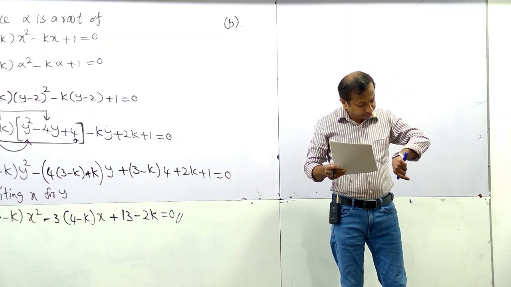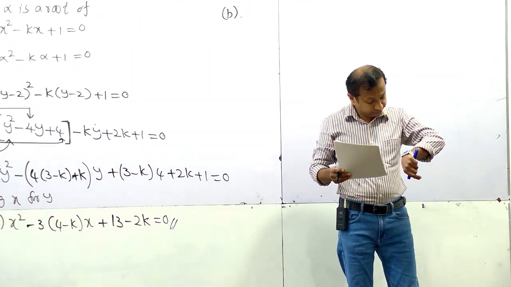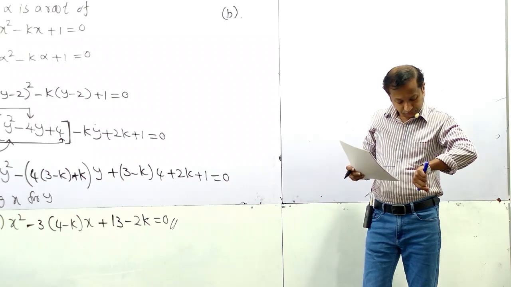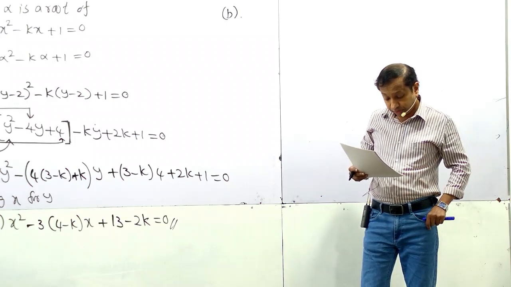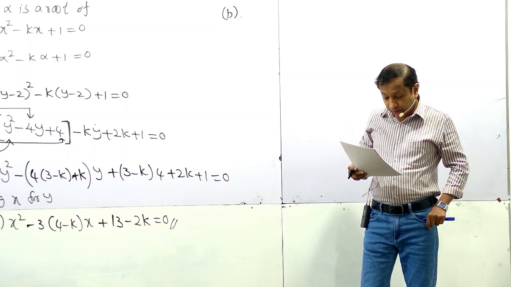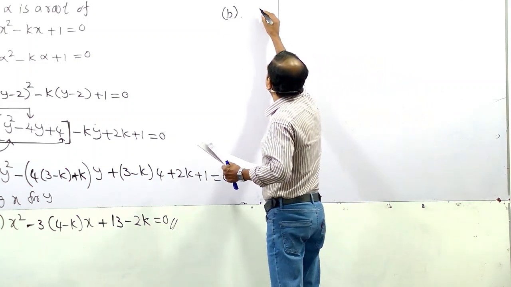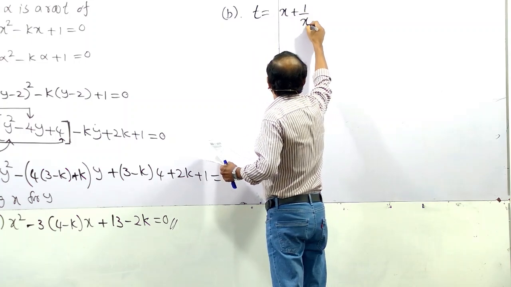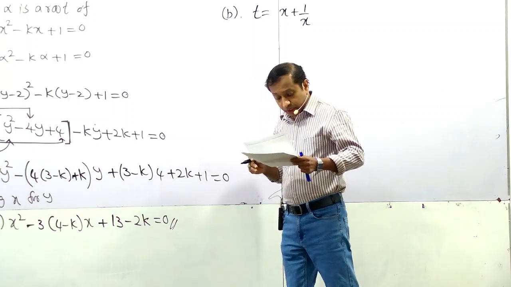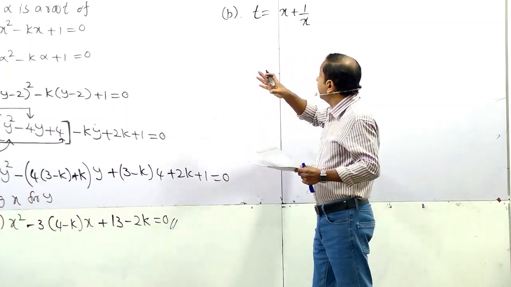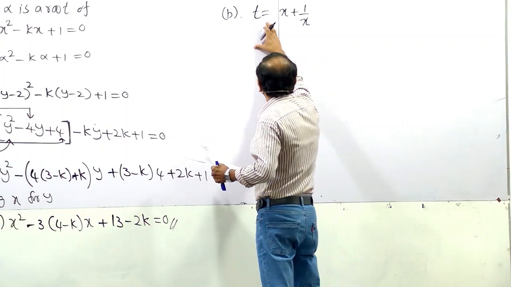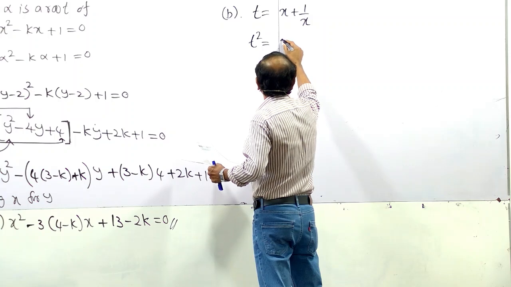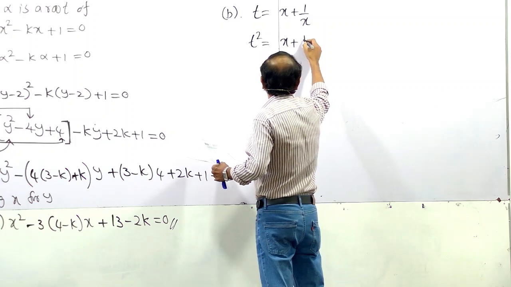Using the substitution t equals x plus 1 over x, express the equation. First of all, shall we square this? x plus 1 over x, a perfect square.